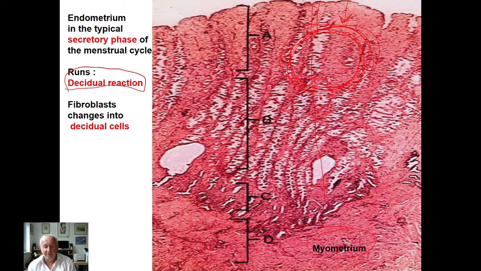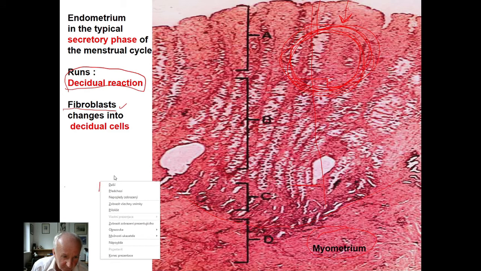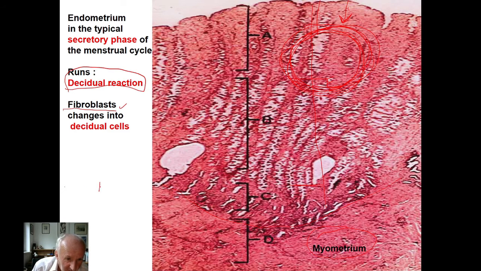This decidual reaction involves mainly fibroblasts. A fibroblast is a basic important cell in a loose connective tissue, or generally in a connective tissue, with an oval-shaped nucleus, nucleolus, an elongated spindle-shaped cell with short processes, with a basophilic cytoplasm, rough endoplasmic reticulum, Golgi apparatus.